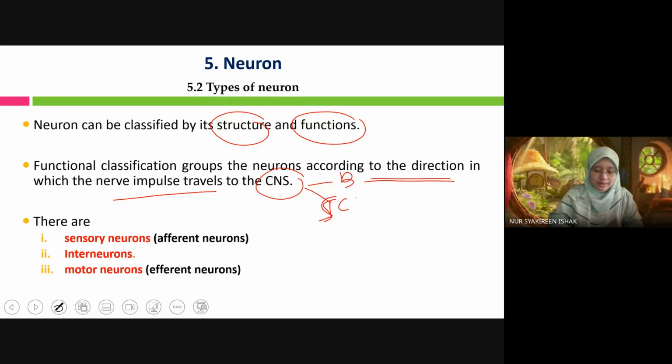There are the sensory neurons, also called the afferent neurons, then the interneurons, and then the motor neurons. Sensory neurons detect changes, detect stimulation.